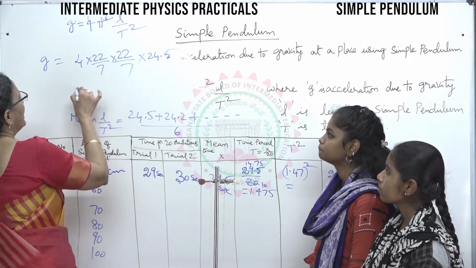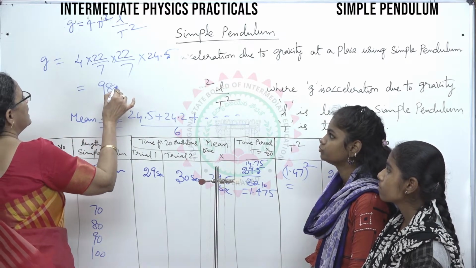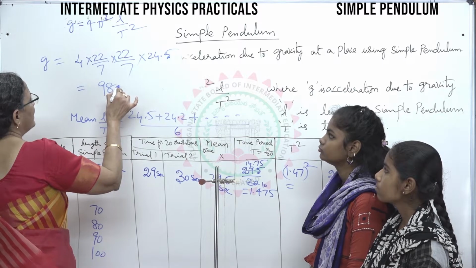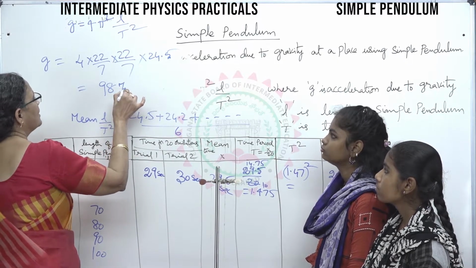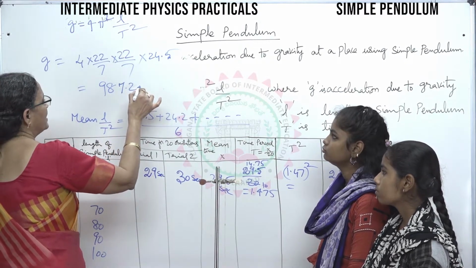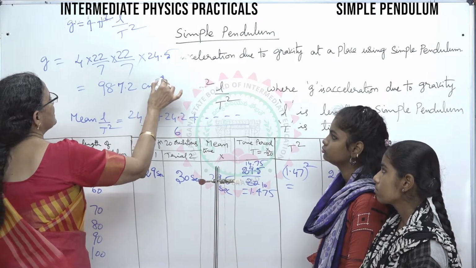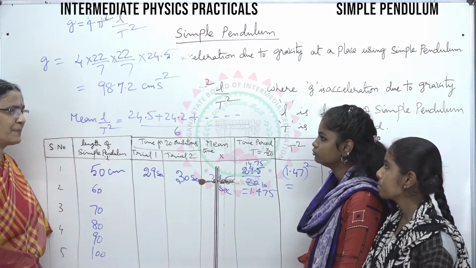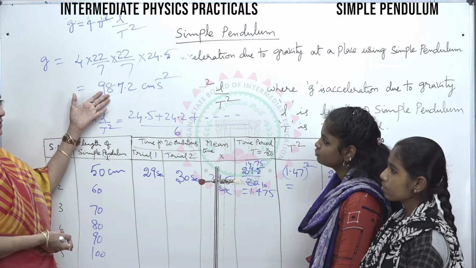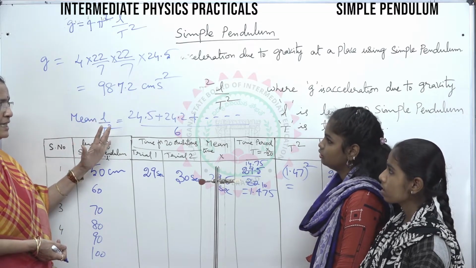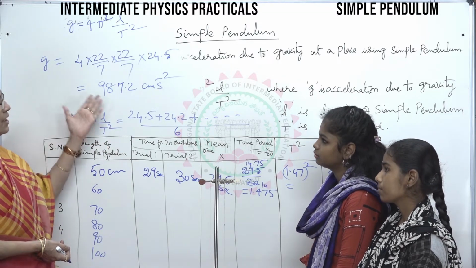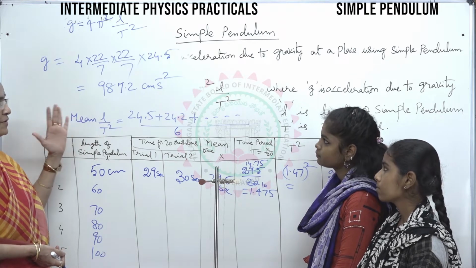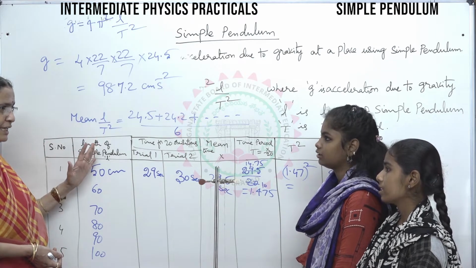If you calculate, you will get, 980 is the right value, no? So 987.2, roughly I'm writing, centimeters second to the power of minus 2. You may get 990 also. Actual value is 980, so you are near to that. That means you have done the experiment correctly.